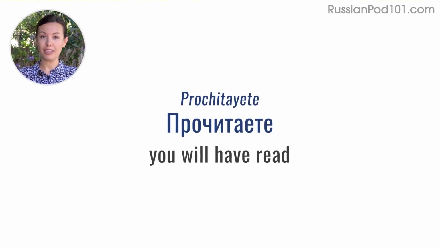Now you can easily conjugate the verbs by looking up their infinitive forms in the dictionary and making changes to the endings. The verbs in different aspects and moods conjugate in the same way. For example, if you come across the verb прочитаете, you shouldn't be confused by the prefix про in front of the verb читаете.